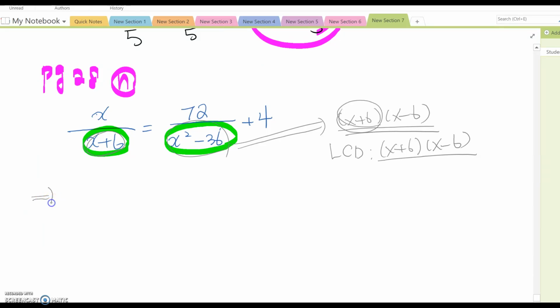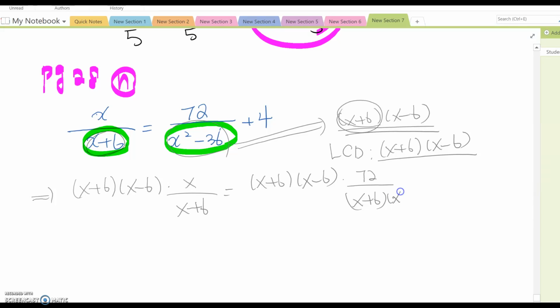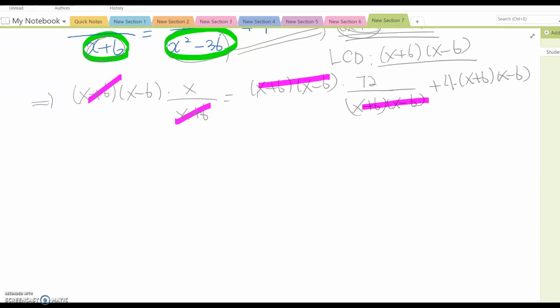So you multiply the LCD: x plus 6 times x minus 6 multiply x over x plus 6 equal to x plus 6 x minus 6 times 72 over x plus 6 x minus 6 plus 4 times x plus 6 x minus 6. Then this cancels out and this cancels out. So we can simplify this one.